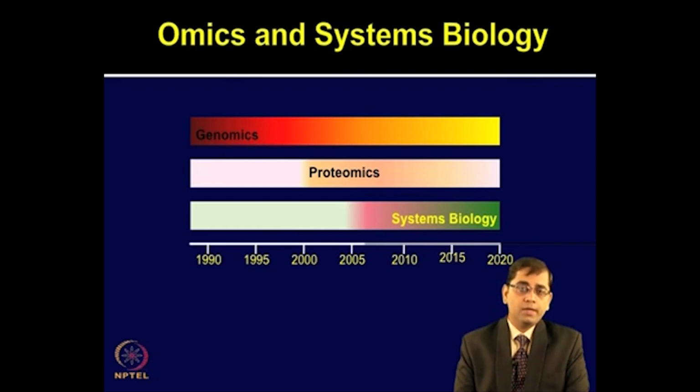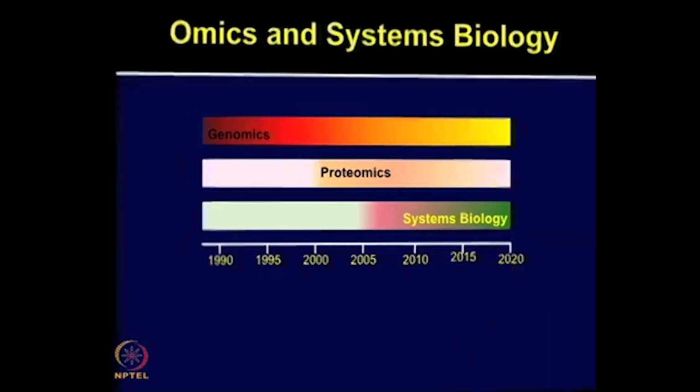From 2000 onwards, the proteomics field also got accelerated and new methodologies, new tools came to study the proteome. The data derived from genomics, transcriptomics, proteomics, metabolomics and other omic approaches have now brought the integration of these data sets in the systems biology field.